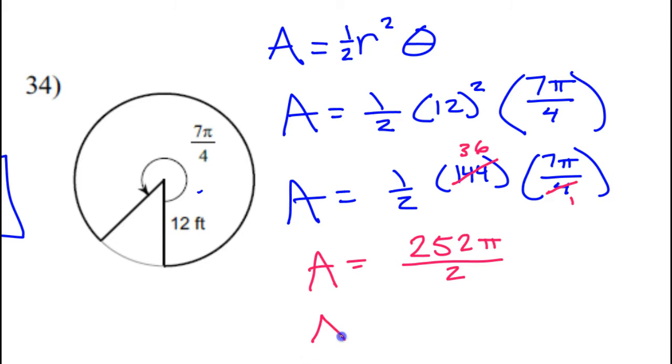But this can be reduced because 252 is even. So we're talking about 126. For once I remembered my units before I started making my rectangle. So this is 126 pi square feet.